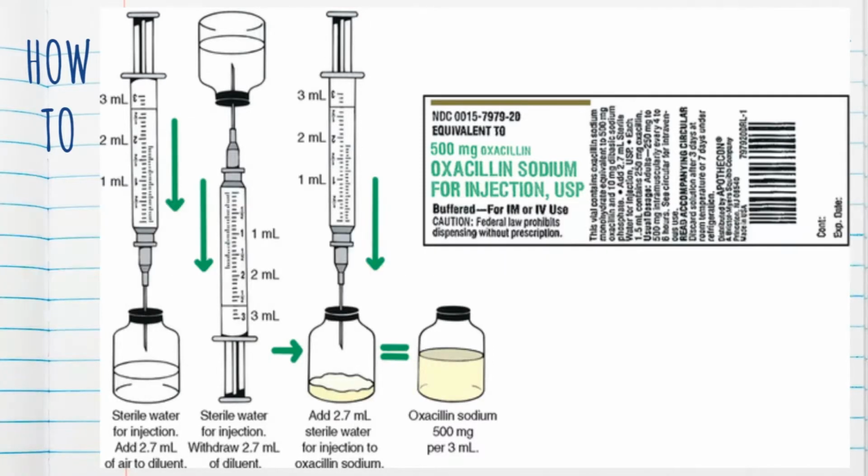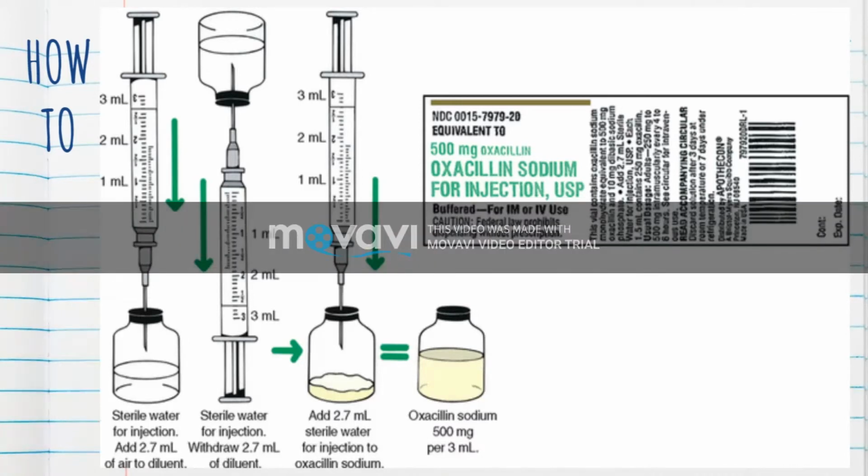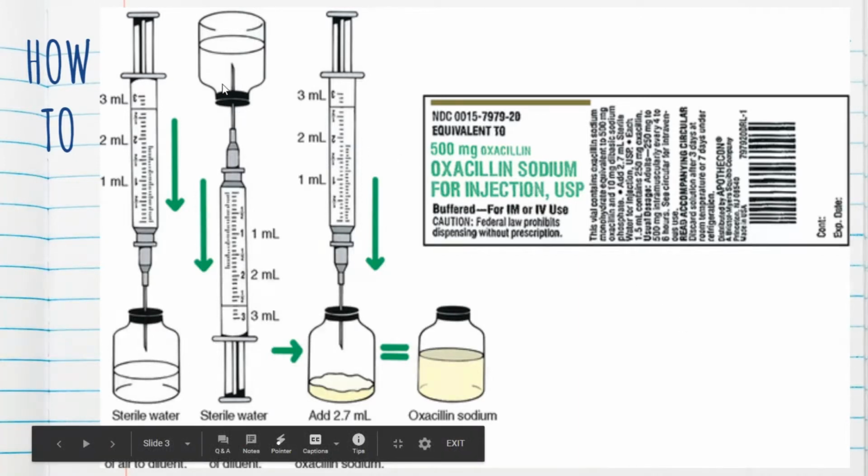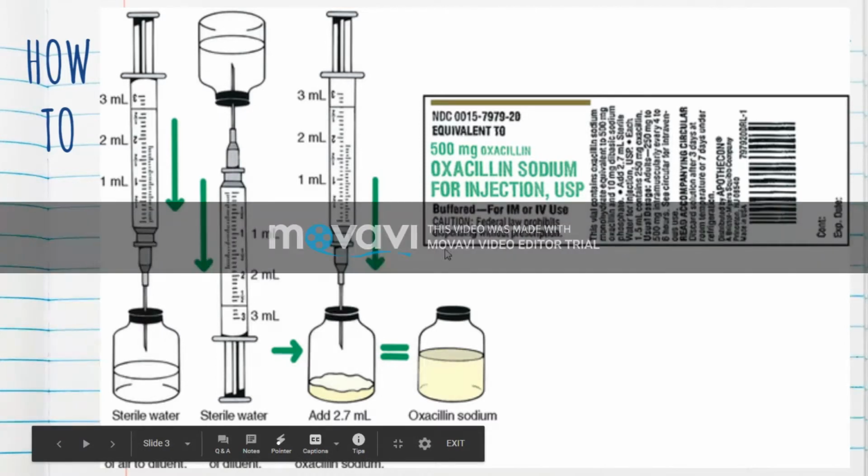The reason that you put the 2.7 mLs of air inside a vial like this is because it causes the fluid to come into your syringe in a much easier fashion. After we have added our 2.7 mLs of air into the vial, we flip the vial upside down so that our needle is down and near the rubber stopper.